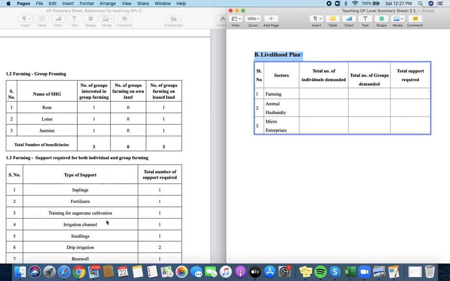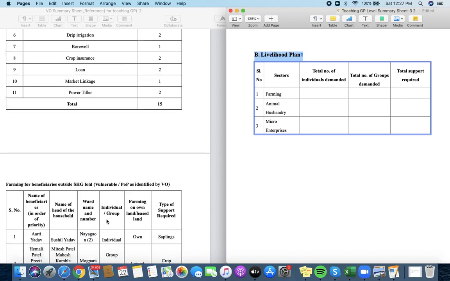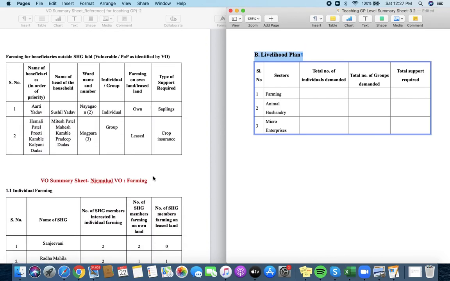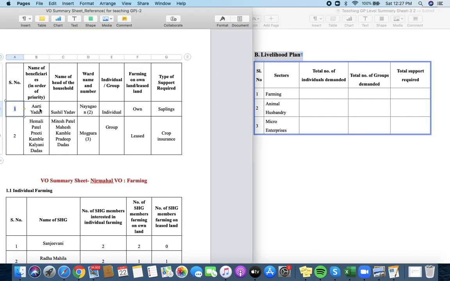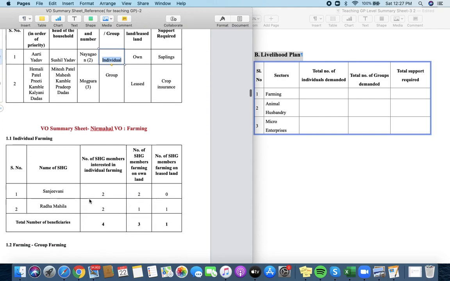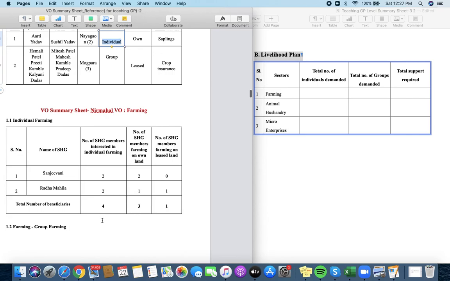In Flower VO. And now we will also see whether people from outside SHG are interested in individual farming. So yes, we can clearly see Aarti Yadav is interested in individual farming. And in Neer Mahal VO, a total of 4 people are interested. So 6 plus 1, 7 plus 4, 11.